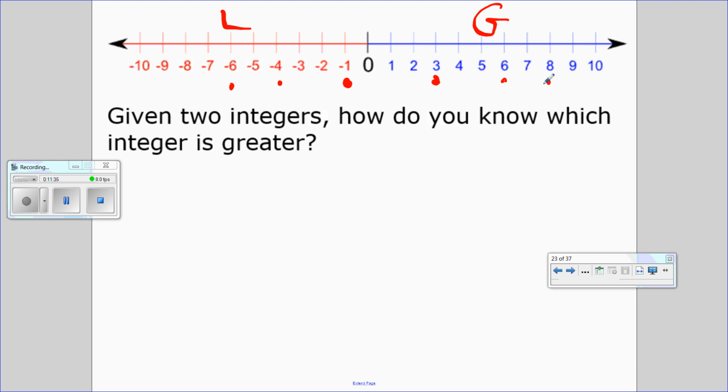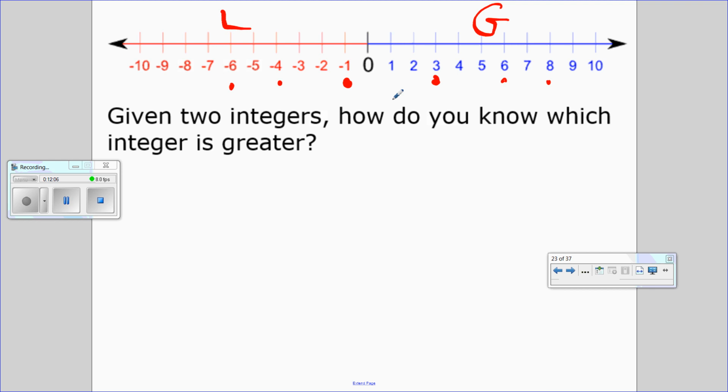For example, 8 is to the right of 6, so 8 is greater than 6. 6 is greater than 3. 6 is to the right of 3. 3 is to the right of -1, so 3 is greater than -1. -1 is to the right of -4, so -1 is greater than -4.